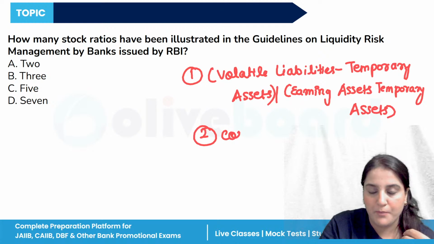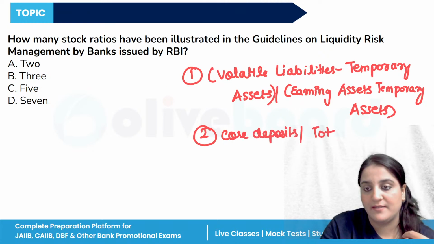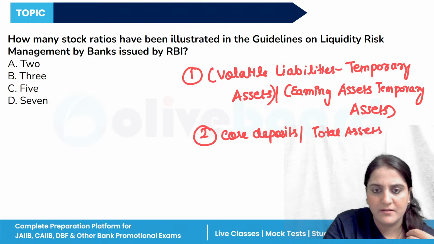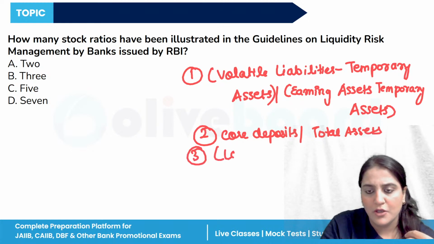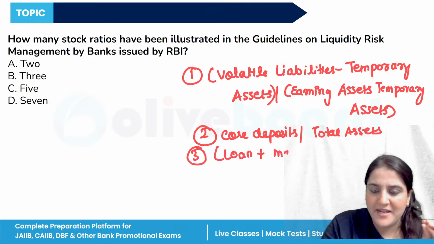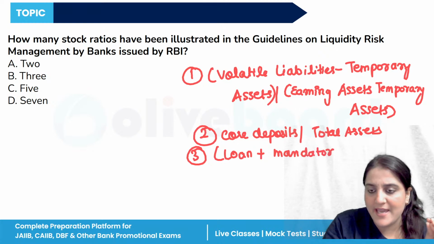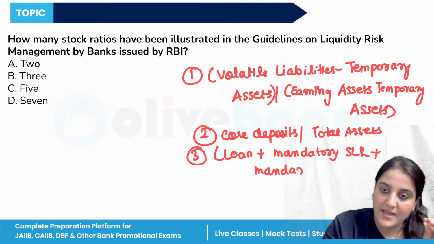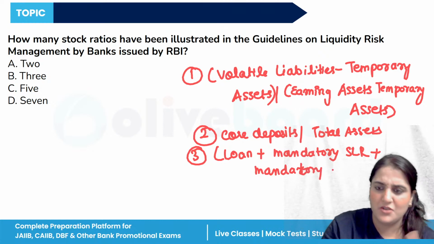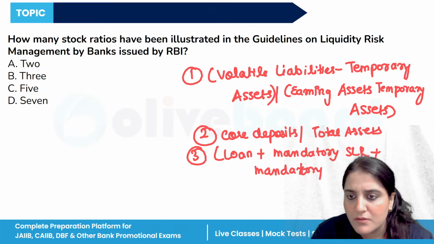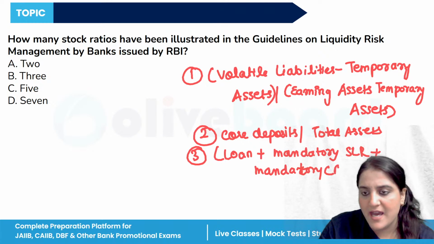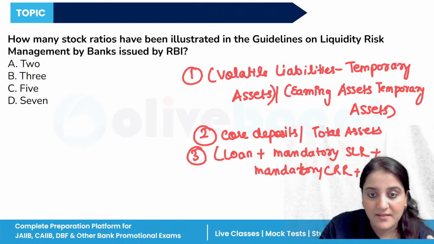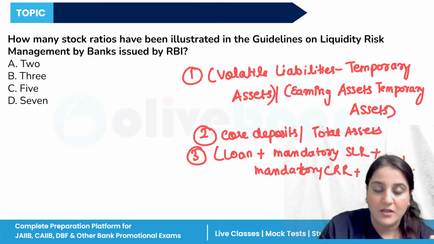Second one is core deposits divided by total assets. Okay, I am writing this. And third one is loans plus mandatory SLR plus mandatory CRR plus fixed assets divided by total assets. Just ignore the spelling.